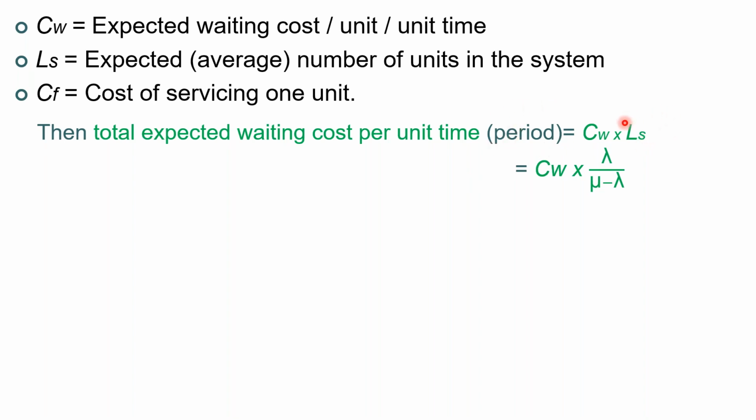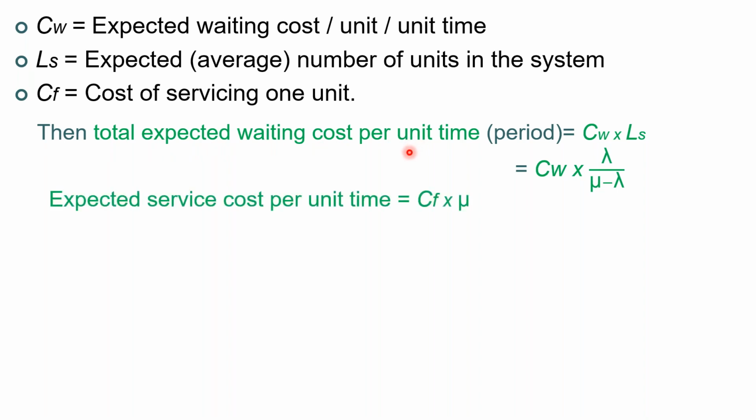Now this expected number of units, or the number of customers present in the system, is given by the formula lambda divided by mu minus lambda. Lambda is your arrival rate, mu is your departure rate. If this LS is multiplied by CW, you will get the total expected waiting cost per unit time.